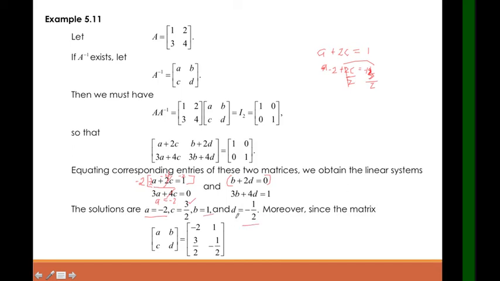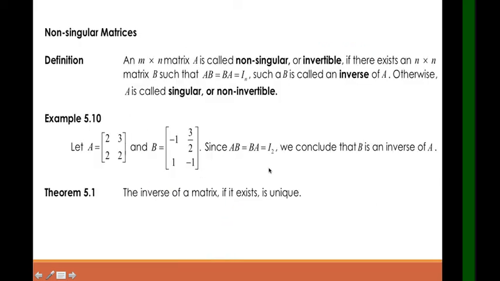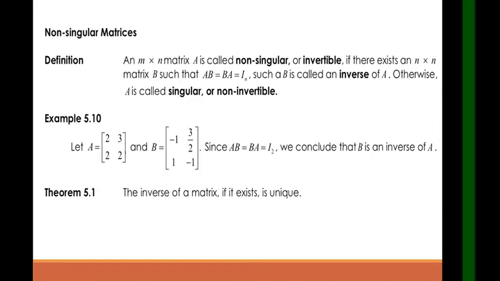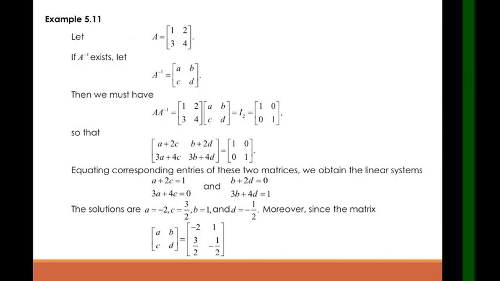Now, ito yung answer daw dito. Sinasabi dito that AB is equal to BA is equal to I sub 2. We conclude that B is an inverse of A. Ito yung A natin kanina sa example 5.11. Ay, mali pala ako.